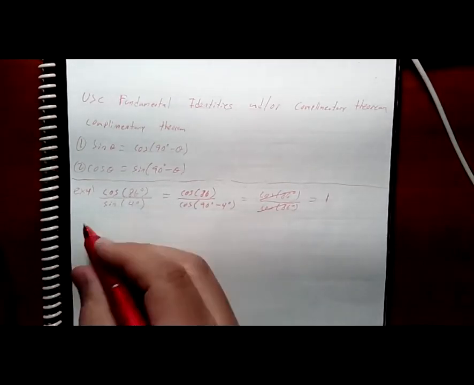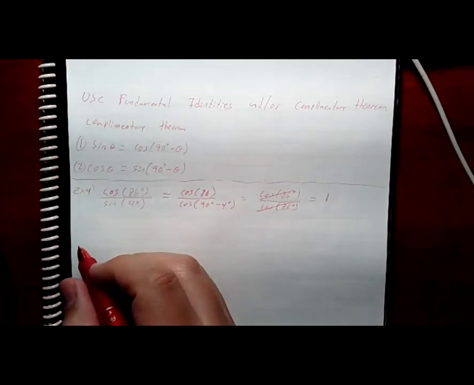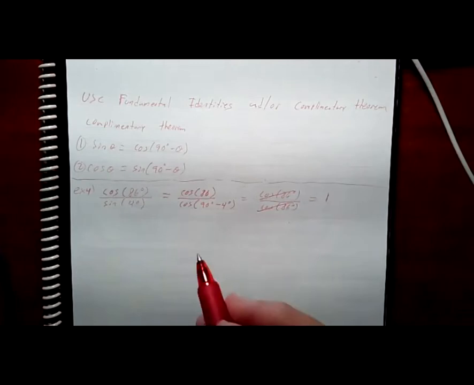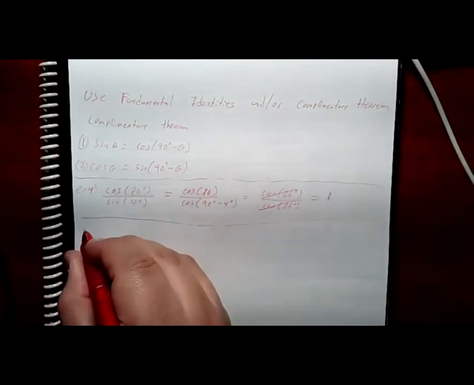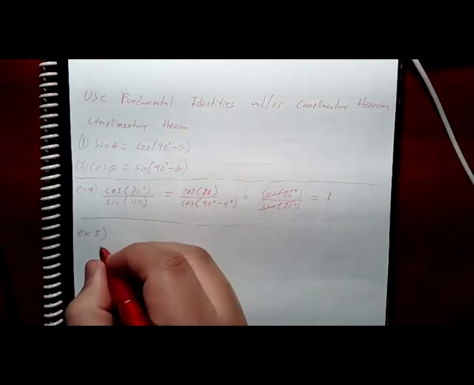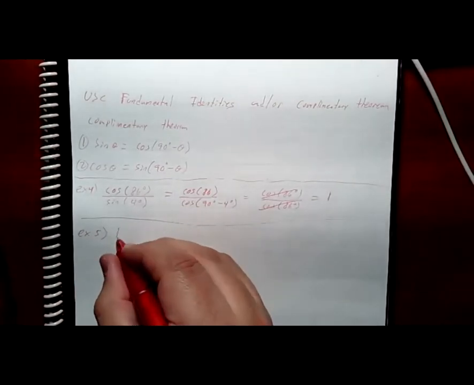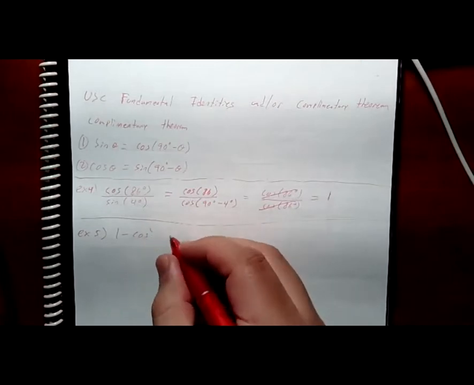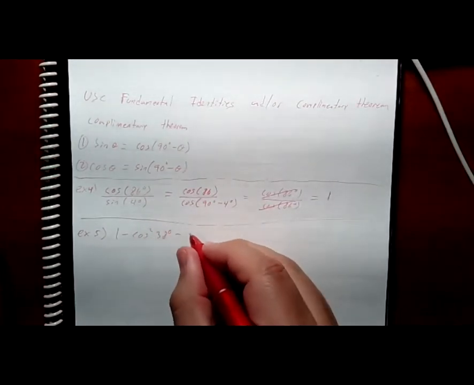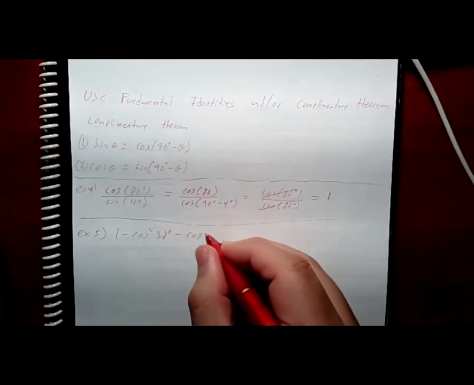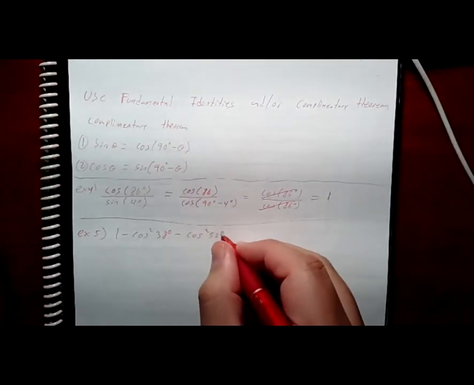Okay, and let's do one more. One minus cosine squared of 38 degrees minus cosine squared of 52 degrees.